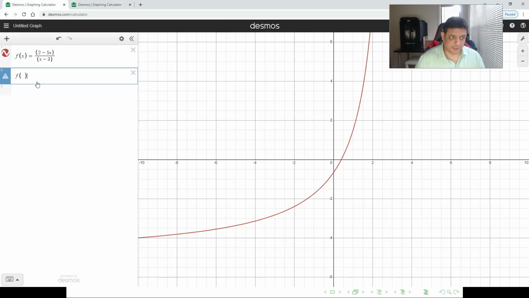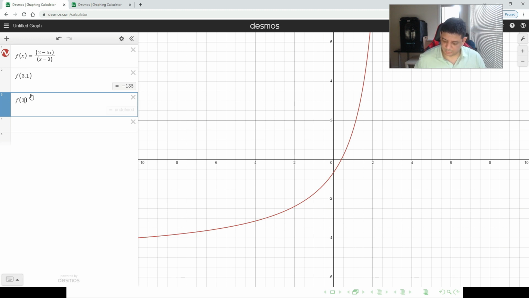So with this, I can do f of 3.1, and you can see a negative in there. f of 3.01 and f of 3.001.